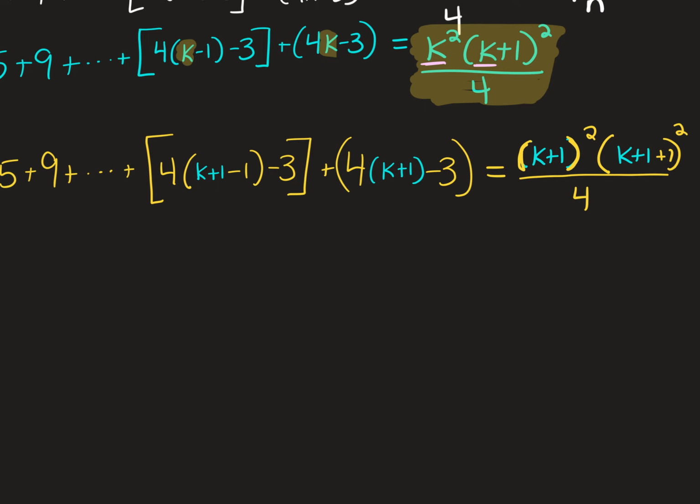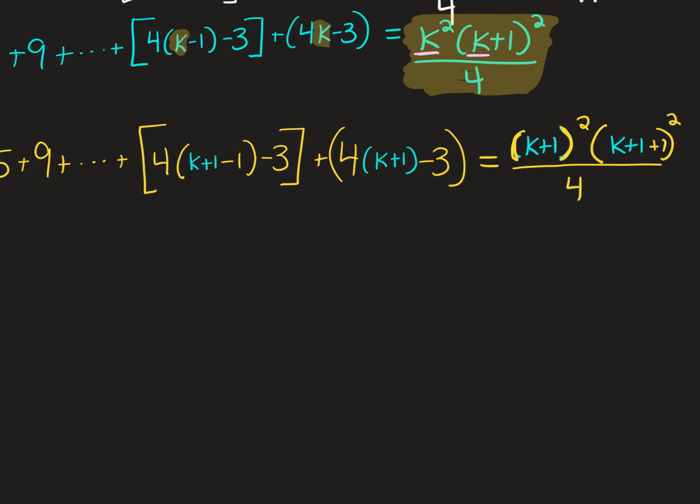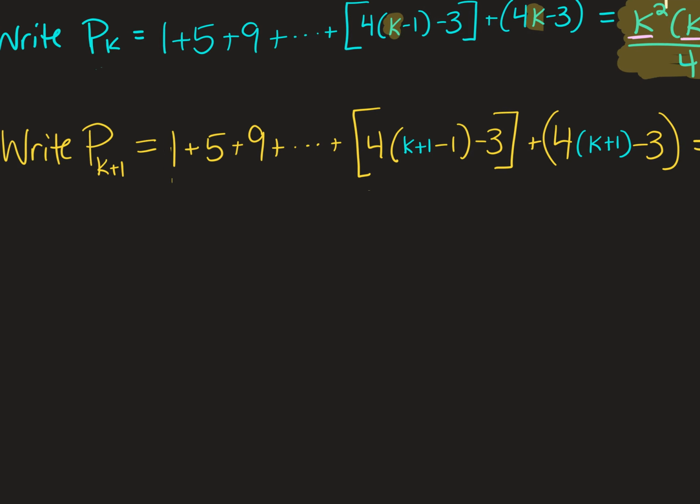Okay, so I just want to do a tiny bit of cleanup here. Nothing totally crazy, because that's what the proof will actually do. Let's just clean this up a little bit. So I have P sub k plus 1 equals 1 plus 5 plus 9 plus ... plus. Okay, so instead of being k plus 1 minus 1, I could just write that as k.